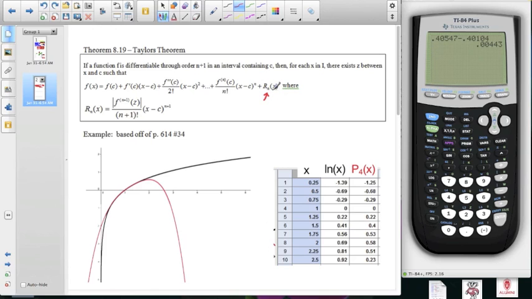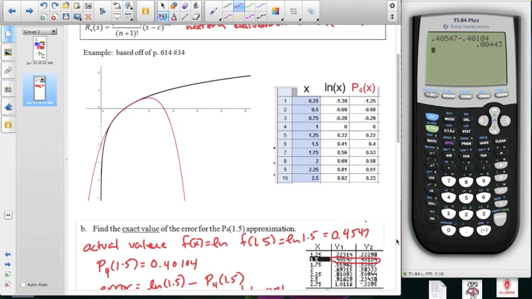And so this remainder is going to be just this next term, and this next term is going to be evaluated at a value z, and value z is either going to be the value of the center c, or the value of x, depending upon which one maximizes the ratio. So we just have to figure out which one will maximize that expression.